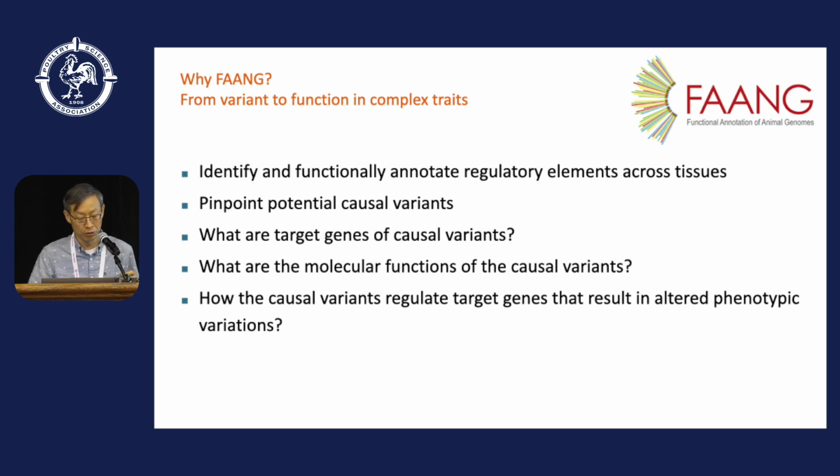Once we identify these causal variants, as biologists we want to understand what the target genes of those variants are, particularly for variants very far away from the target genes, what the molecular function of those causal variants is, and how they regulate target genes, resulting in complex trait variation.